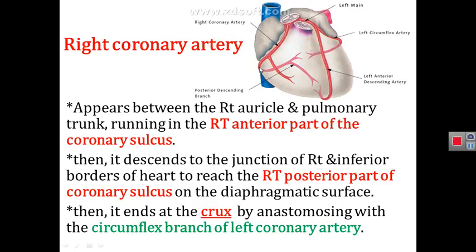Beyond this corner, the right coronary artery turns posteriorly to run in the posterior right coronary sulcus, and then finally reaches the crux cordis to anastomose with the circumflex branch of the left coronary artery.